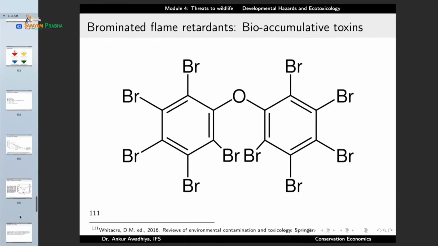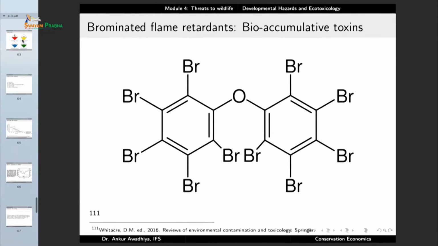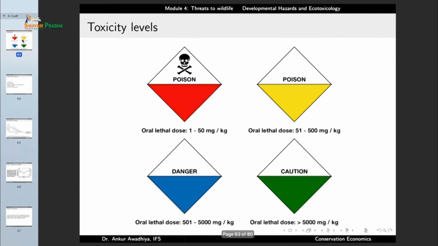Now, talking about toxicity, all of these chemicals will be having different levels of toxicity. So those chemicals that have an oral lethal dose, which means the amount of any chemical that is given to an organism in the oral route, which is through food or water, that will result in lethality, that is, will kill the organism.